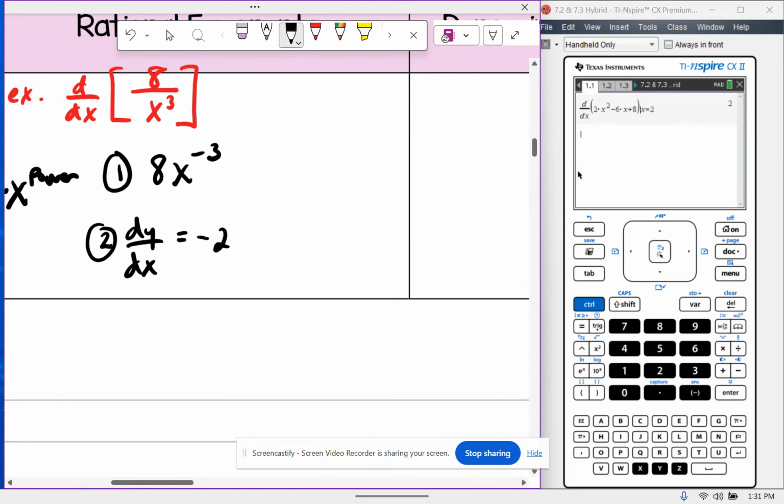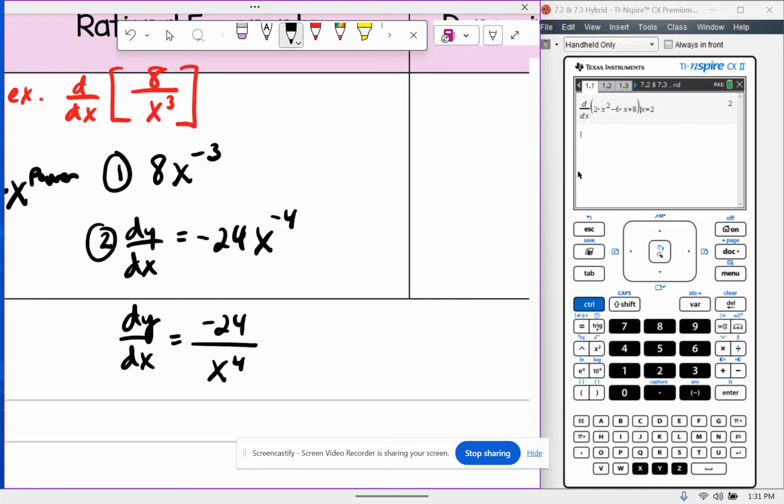So I get negative 24x, reduce that power by 1, negative 4th. I'm now going to rewrite it with no negative exponents. Negative 24 over x to the 4th. Pretty easy, right?